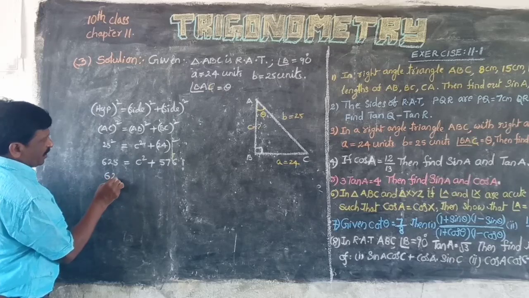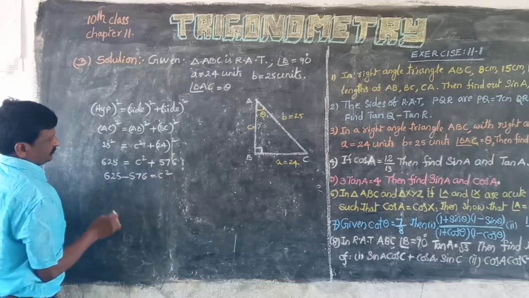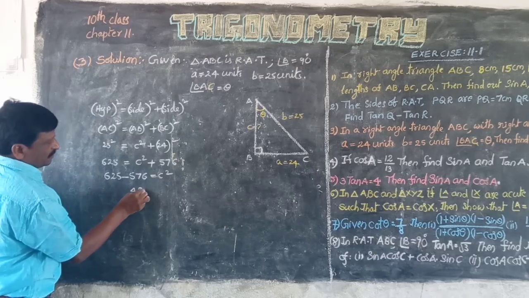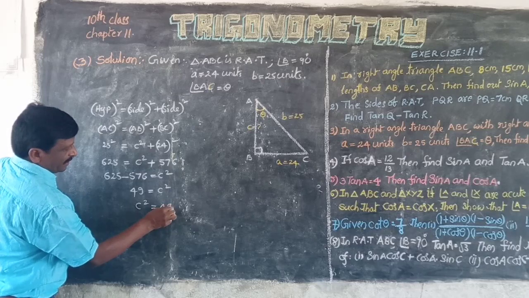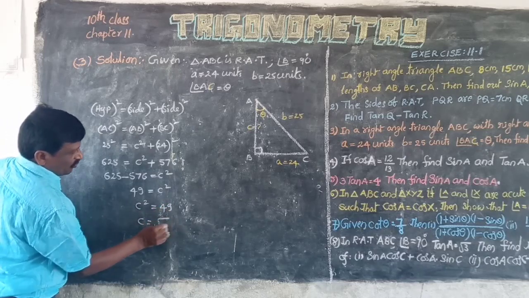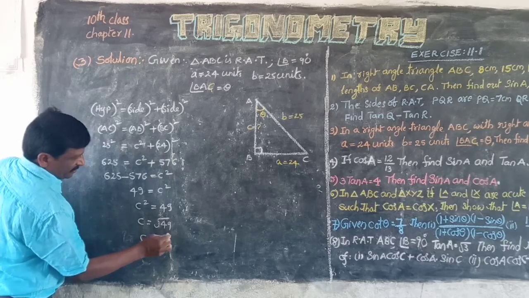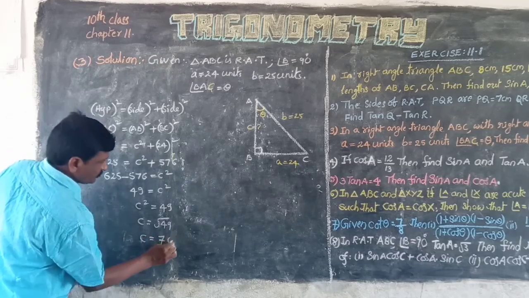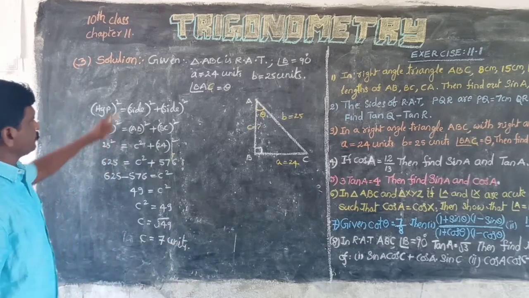Subtract: 625 minus 576 is equal to c square. Subtraction gives 49. c square is equal to 49. c is equal to root 49. So c is equal to 7 units.